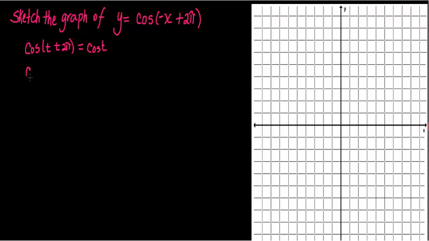When I have the cosine of negative x plus or minus 2 pi, this is the same thing as the cosine of negative x. And what that means is that no matter what this is here, if I go around one turn, I'm going to end up at the same place.